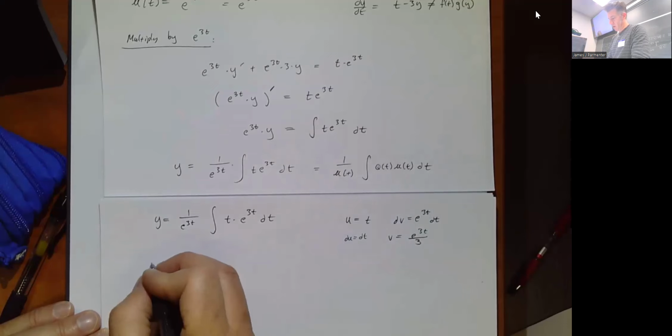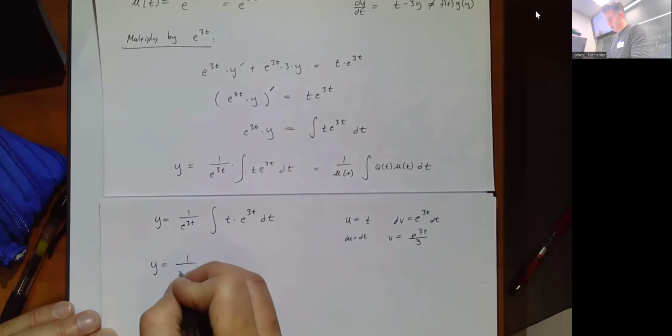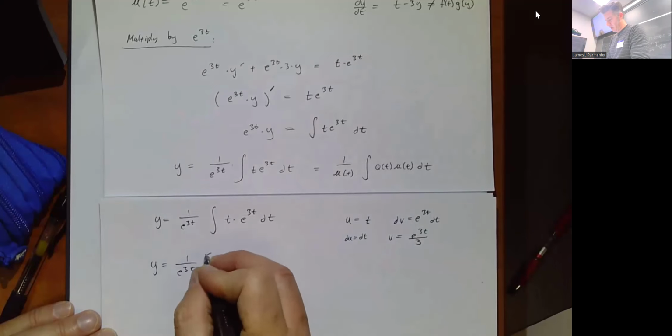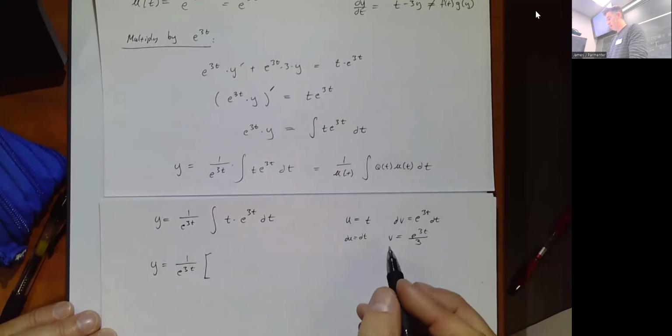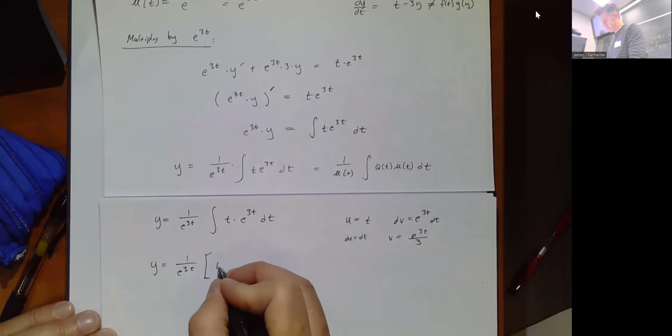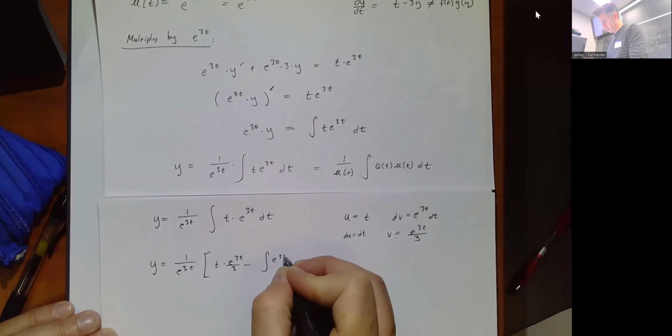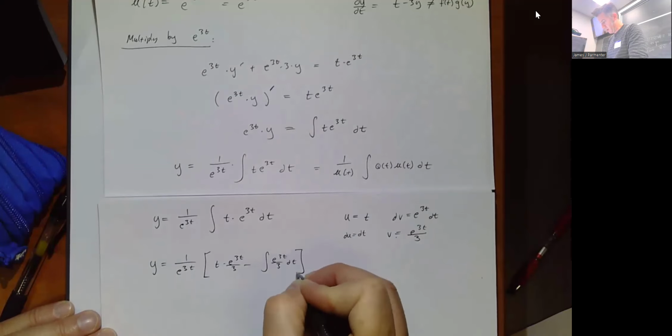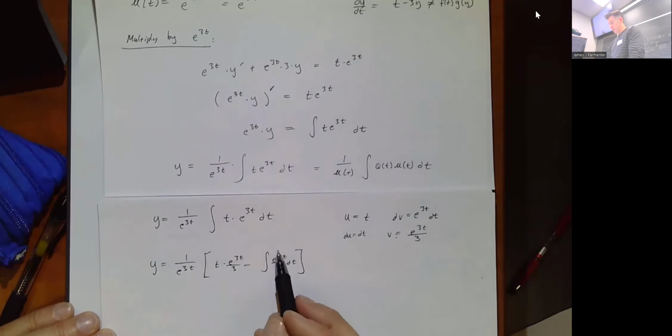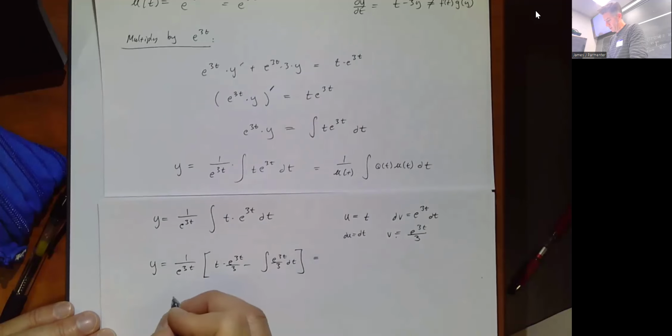And then we rewrite our y as 1 over e to the 3t times all of the integral. So it's going to be all of u times v minus the integral of v du, so e to the 3t over 3 dt. And then we should integrate this. So that's going to equal 1 over e to the 3t times t e to the 3t over 3.